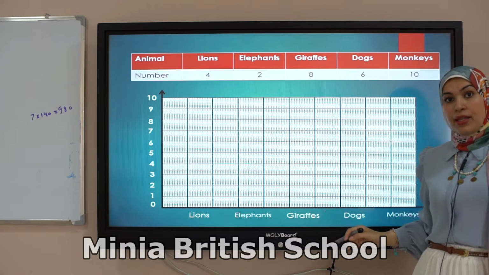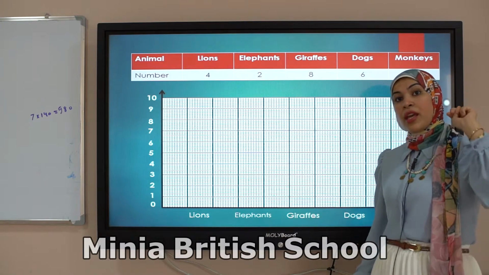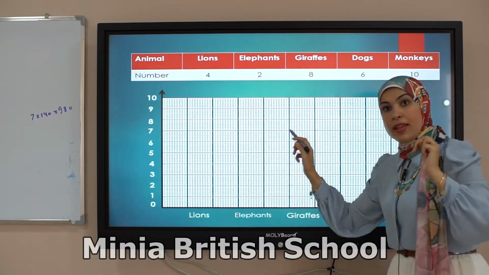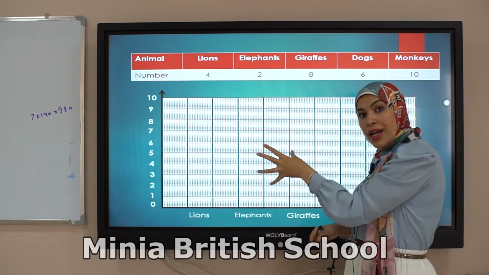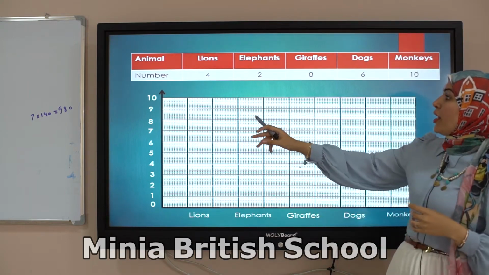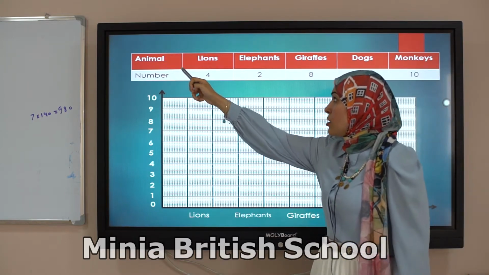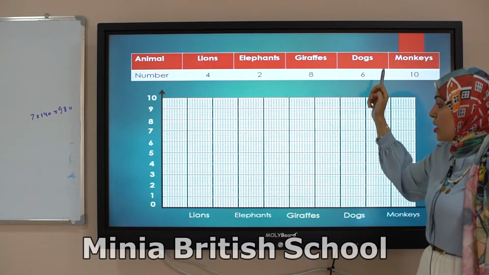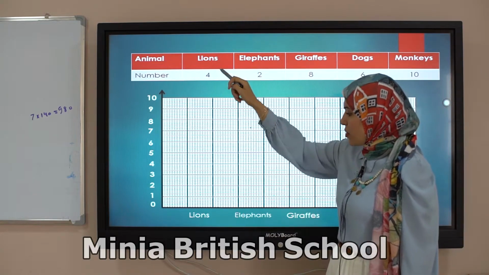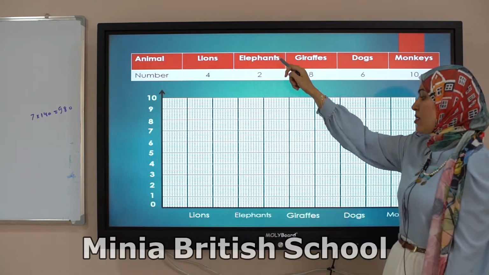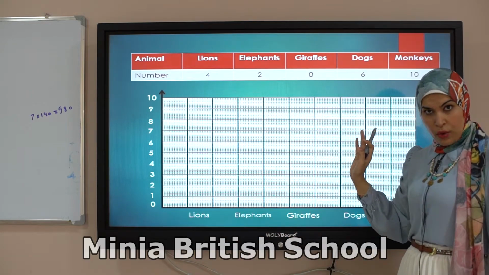Here, I said that I have 2 things, the table and the graph, and I want to represent the data in the table and the graph, okay? Okay, here, the same names. Here are the same names in the graph and the same order. Lions is first, elephants is second, okay?